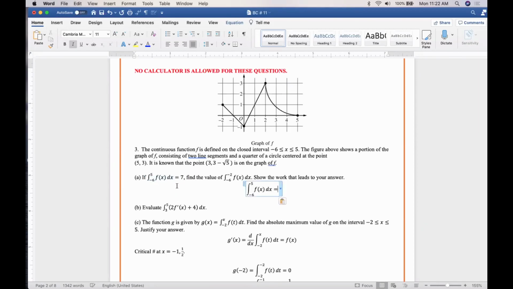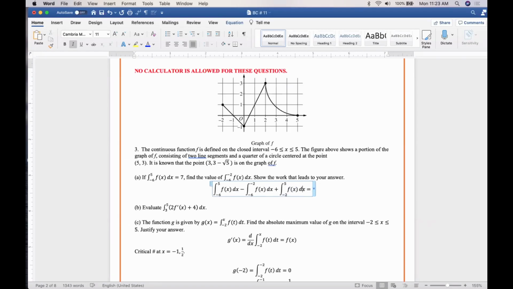We learned that the integral from a to b plus the integral from b to c is the same as the integral from a to c. Anybody remember that? So the integral from -6 all the way to 5 is the same as the integral from -6 to -2 plus the integral from -2 to 5.